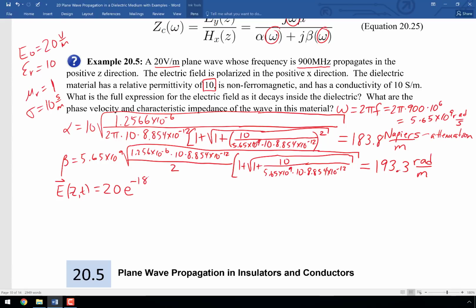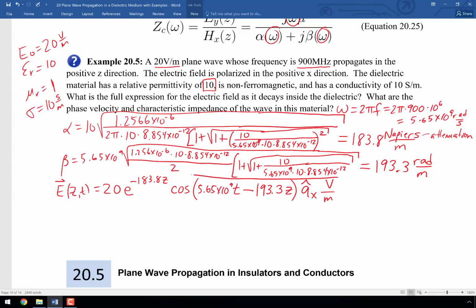So this is e to the minus 183.8 times z, times the cosine of omega t, 5.65 times 10 to the 9th t, and we know that it's going in the positive z direction, so there's a negative sign here, minus k times z, but it's not k anymore, it's beta, and so we're going to get 193.3 times z, and then I have to specify the direction within which it is polarized, and it is polarized in the x direction, so that's a sub x, and then I have to specify the units.